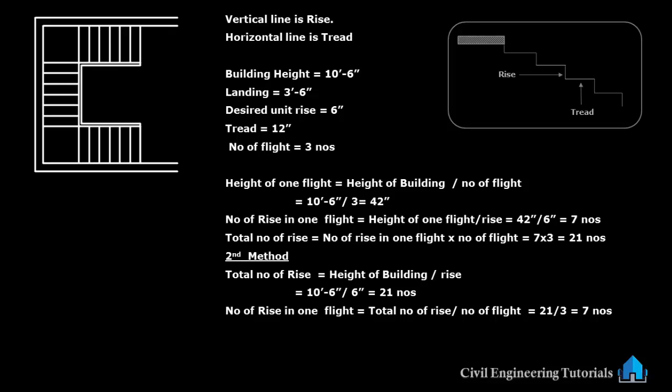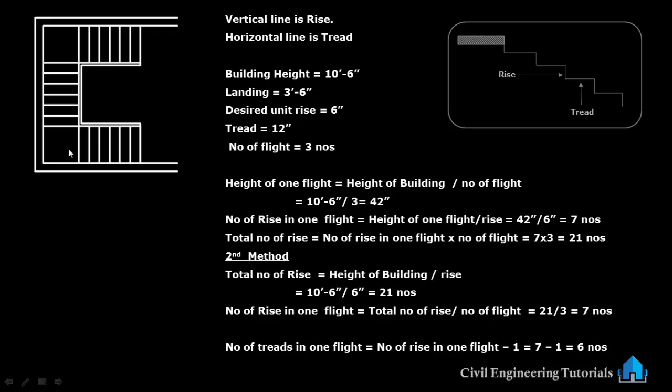So height of one flight, number of tread in one flight, we will calculate first. Number of treads in one flight we need to calculate, that is number of rise in one flight minus 1. So 6 numbers.